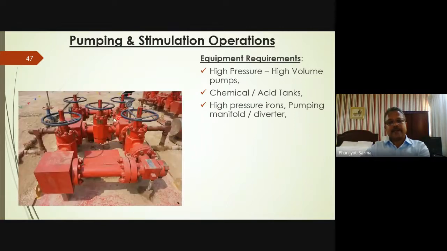And high pressure irons, the stroke manifolds or the diverter manifolds, these are the equipment requirement. Safety relief valve, always we have to equip the safety relief valve in case of emergency. That safety relief valve gets released and popped up so that the emergency can be stopped.